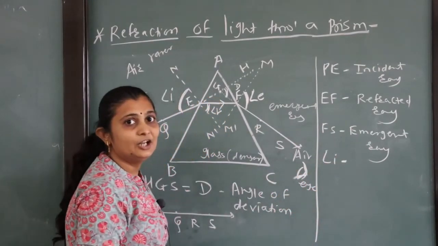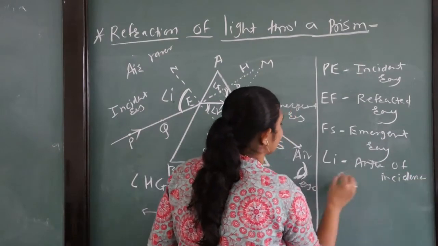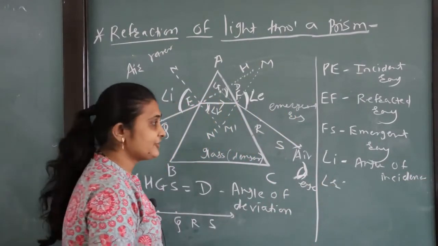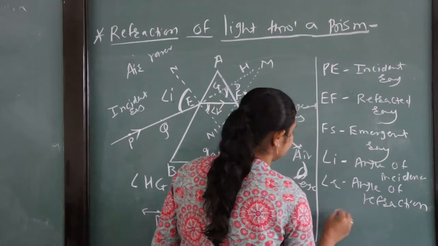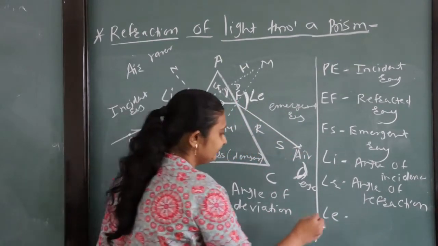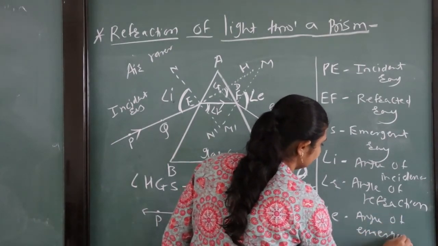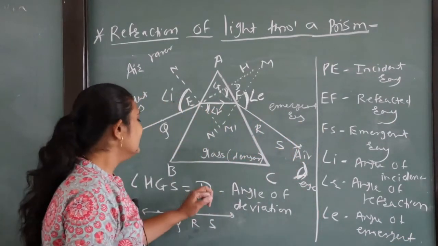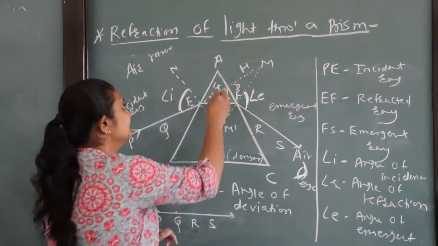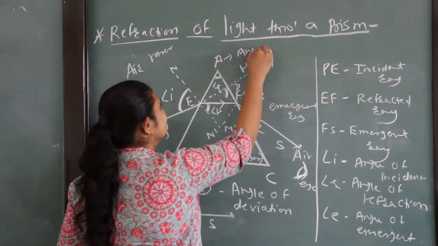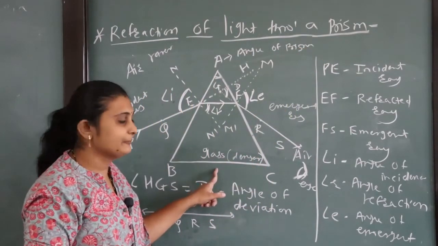Angle I is the angle of incidence, angle R is the angle of refraction, angle E is the angle of emergence, and D is the angle of deviation, which depends on 3 things: angle of incidence, angle of prism, this angle A is the angle of prism, and the material of the prism from which the prism is made.